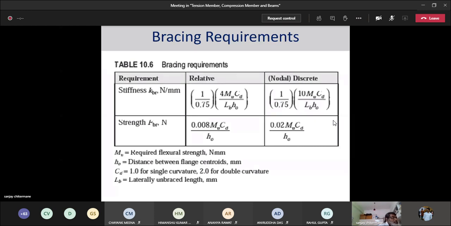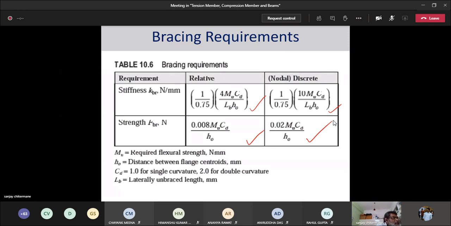There's a relative stiffness, which is given by this, which is your empirical formula. And this is given for your nodal. And this is your strength, which is needed for your bracings, for your nodal, discrete and relative bracing systems. So one is the stiffness and one is the strength.